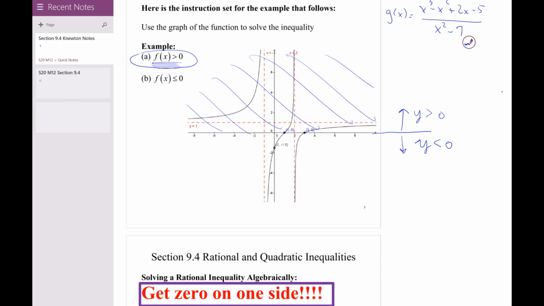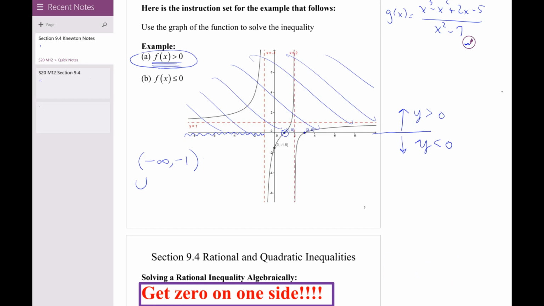Looking from left to right, from x is negative infinity up to -1, I definitely have positive values of the function. But then it's negative up until this x-intercept, when it starts becoming positive again.